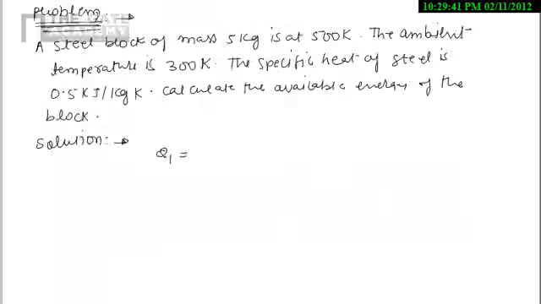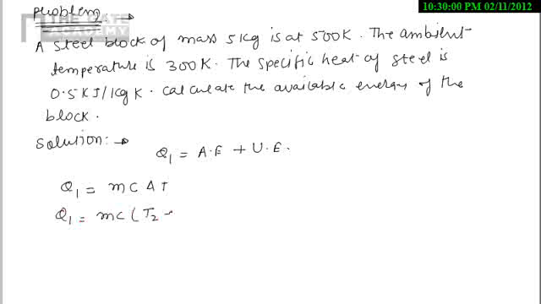So we know Q1 equals available energy plus unavailable energy. For Q1 we can calculate with the help of the formula mc delta T. So Q1 equals mc (T2 minus T1).